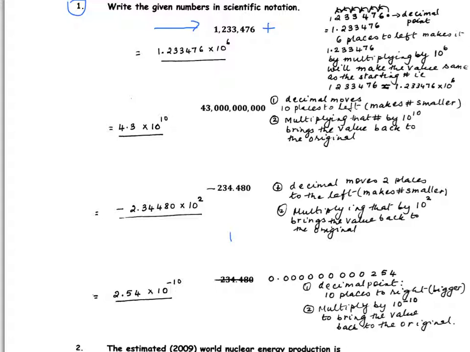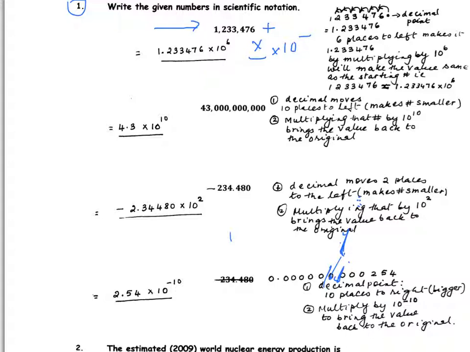Now, we need to make sure that we write the number as something times 10 to a positive whole number. This number here must be a number between 1 and 10. So let's start off with the process. It's a large number.